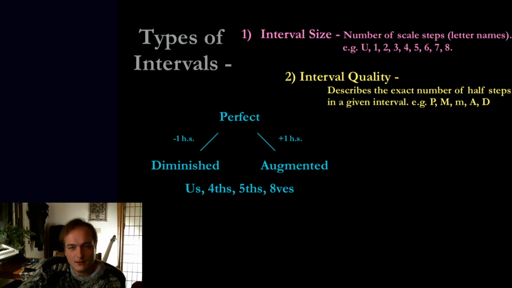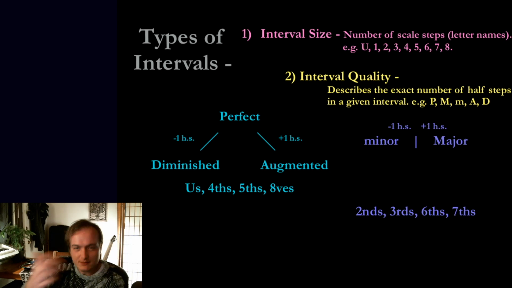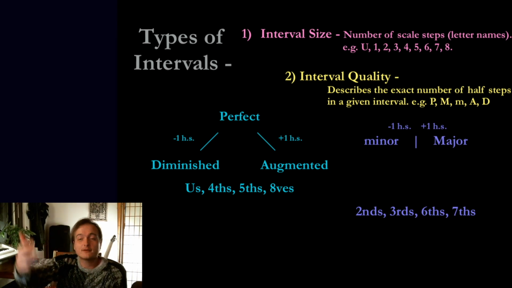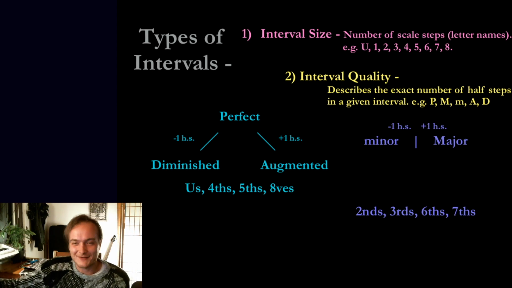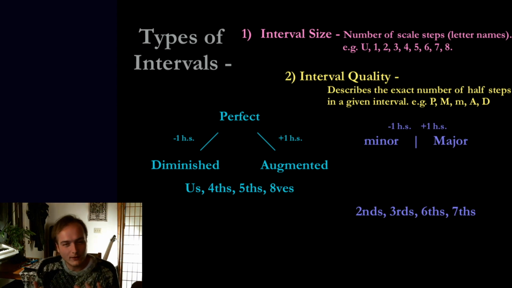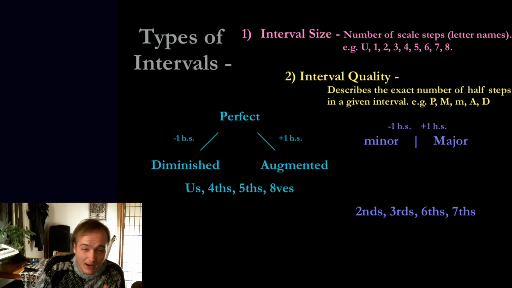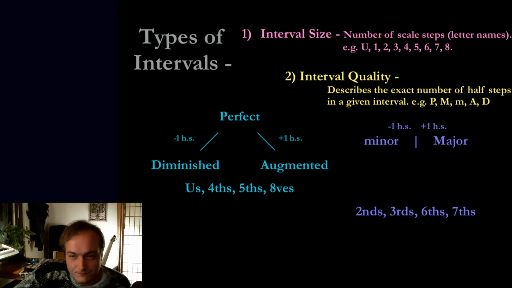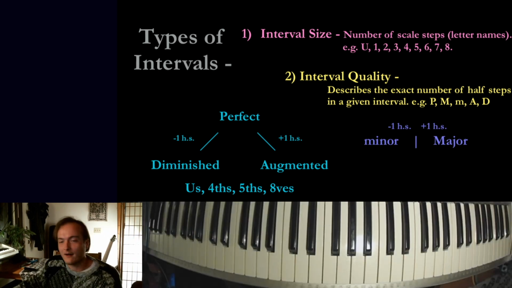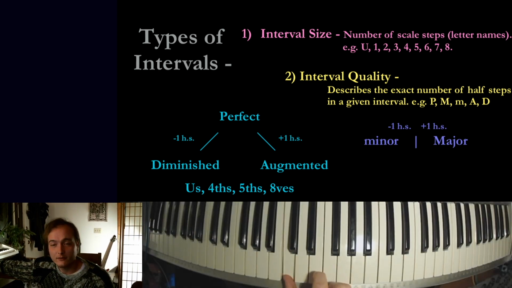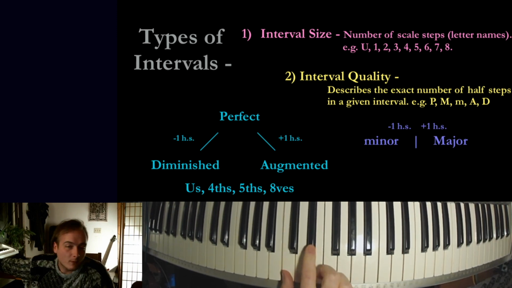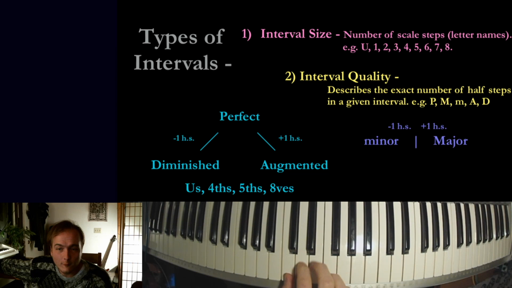Now I mentioned the other ones, which aren't unisons, fourths, fifths, and octaves, are the seconds, the thirds, the sixths, and the sevenths. And these have the quality of being either minor or major, nowhere in between. So with thirds, for example, we're always going to have either a major third or a minor third before we get to a second or a fourth.